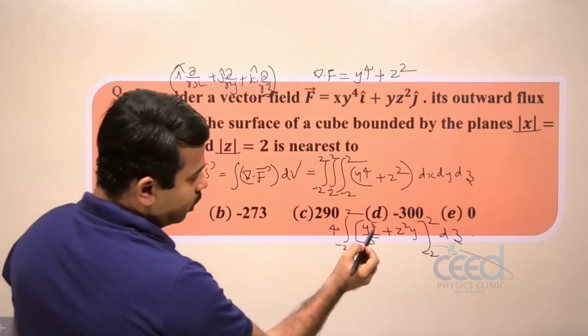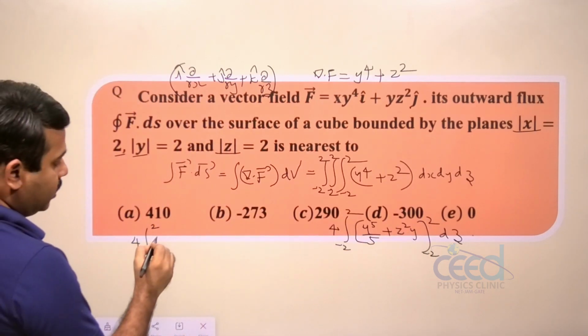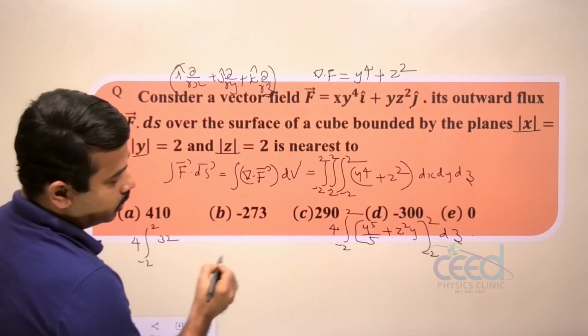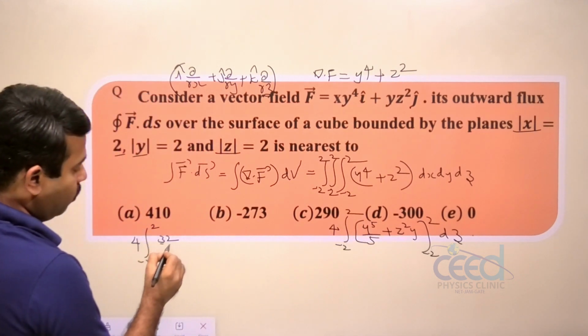Now look here, 2 raised to 5 is 32, so 32 by 5.